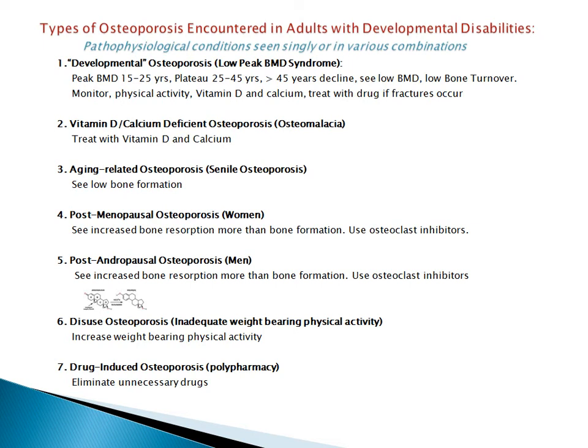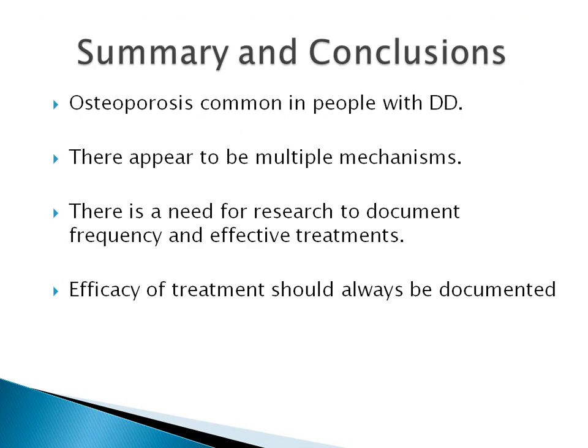These are the different categories of bone pathophysiology that one might encounter, and using a combination of bone mineral density and bone turnover markers, you can usually categorize them into these different groups.